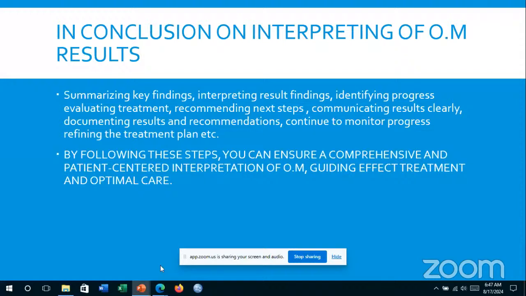We can ensure that we provide patient-centered interpretations of outcome measures in a way that makes sense and meaning to the patient themselves. And we recognize that outcome measures are not only to measure progress made by patients over the course of care, they are also a means of guiding us as to what we should do in terms of providing care for patients.